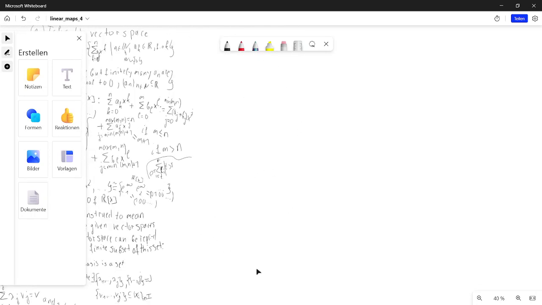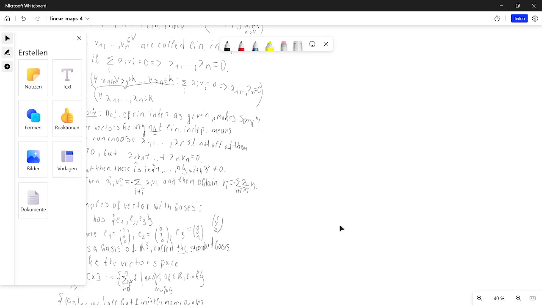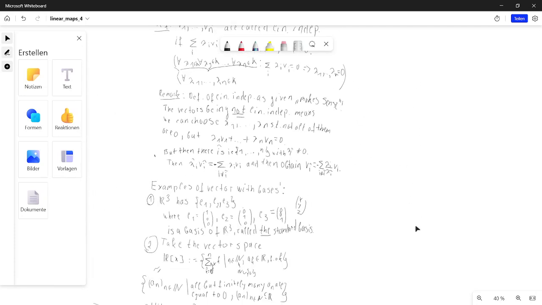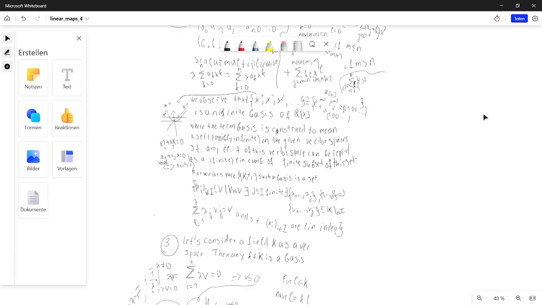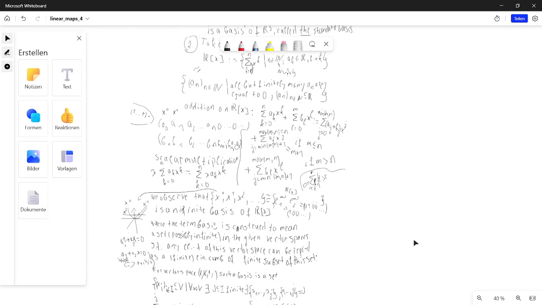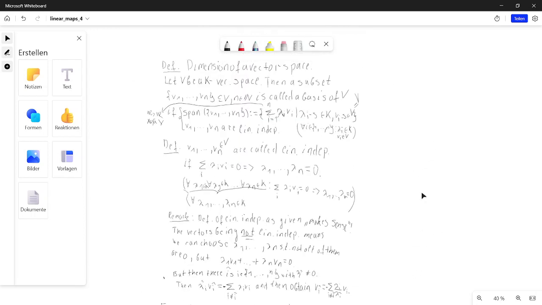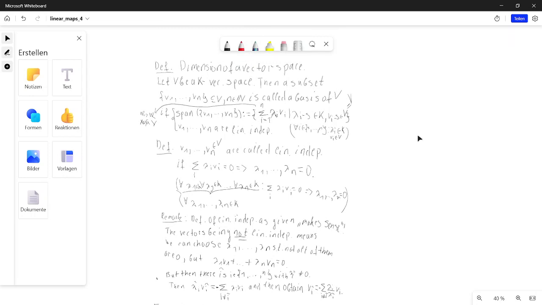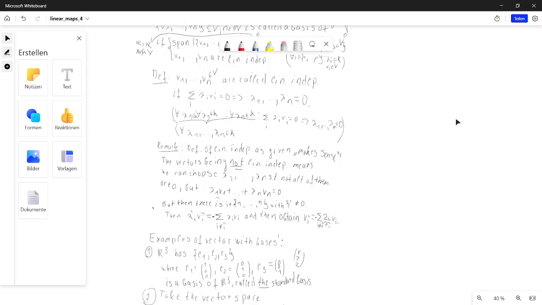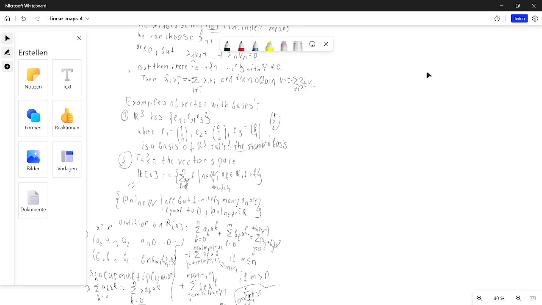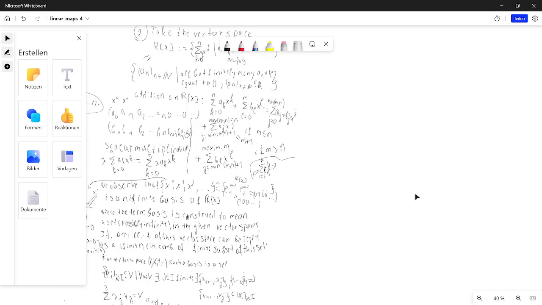Dimension of a vector space, alright. No, I think it was, no. Okay, that was the previous one. No, it was this one, I think.